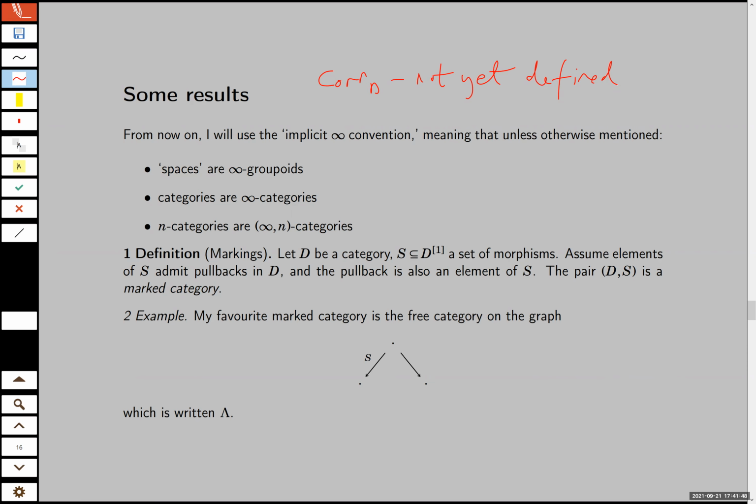So there's an obvious way to define this as a simplicial category, as a two-fold Segal space. If you look up the definition of two-fold Segal space, it's pretty obvious how you would define that. That's not the strategy I'm going to take for this talk.